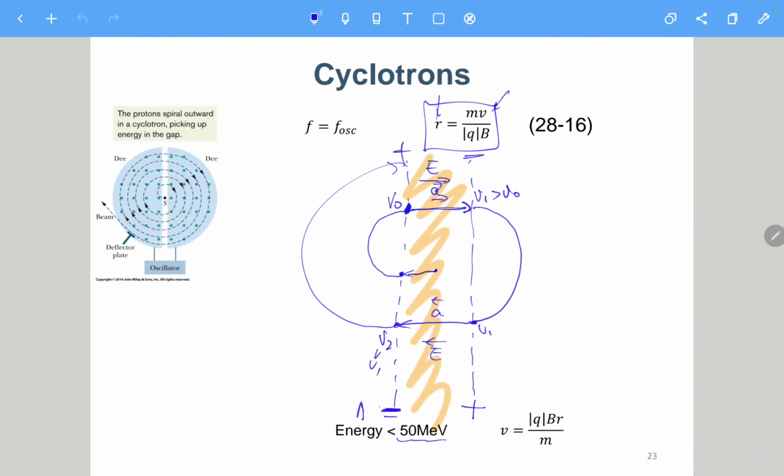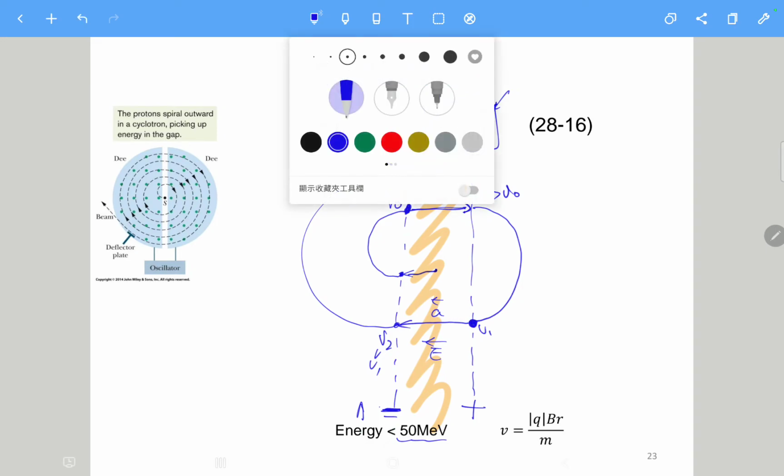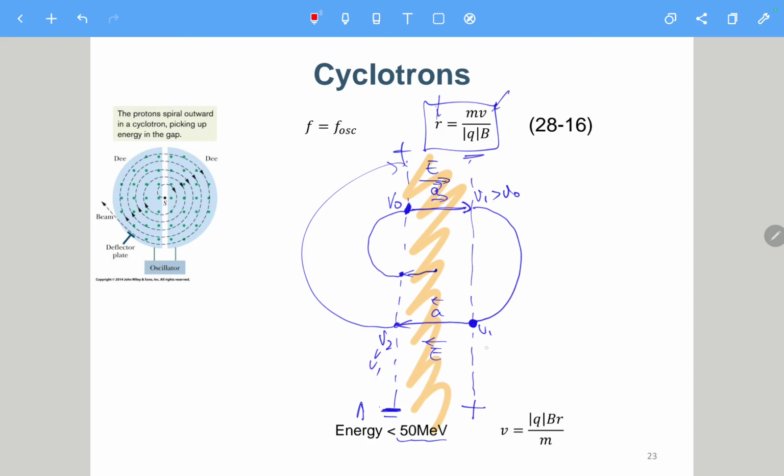If it is not controlled properly, then when the particle is here, but you make the potential difference such that this side is higher, then the A will point to the right side, which decelerates the particle, so it's not good.